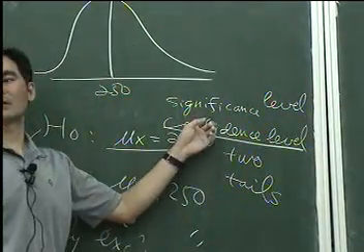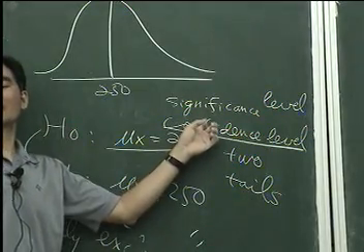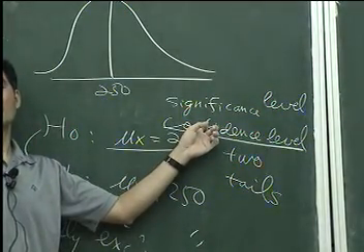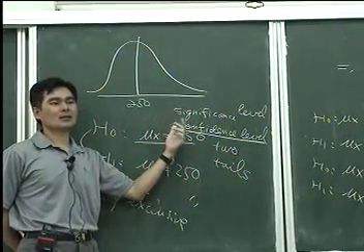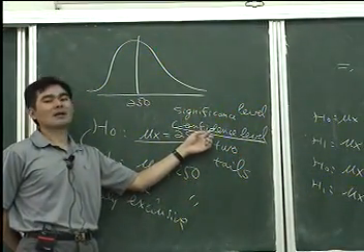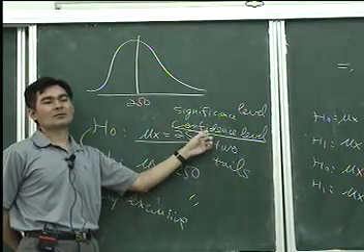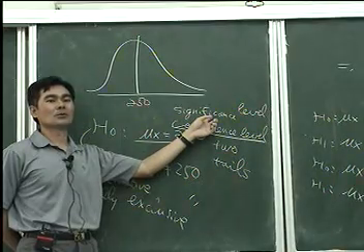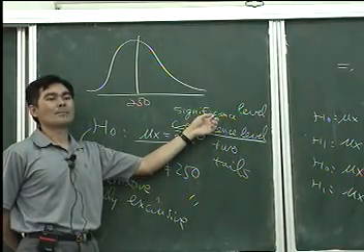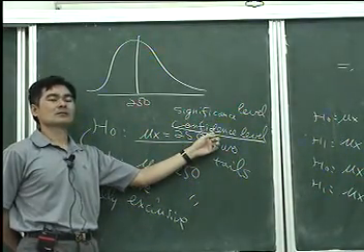We already know confidence level, right? Because when we get the interval estimate, we say you are 95% confident, or 99% confident, or 90% confident. So that is the confidence interval. And what about the significance level? That's 1 minus the confidence level.